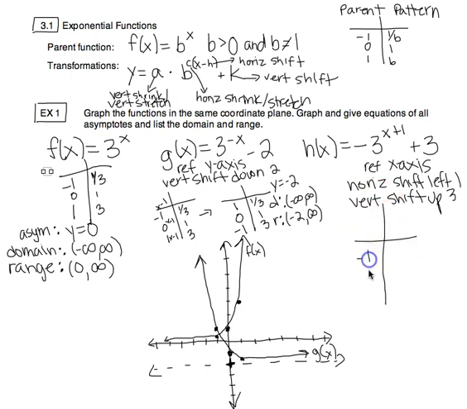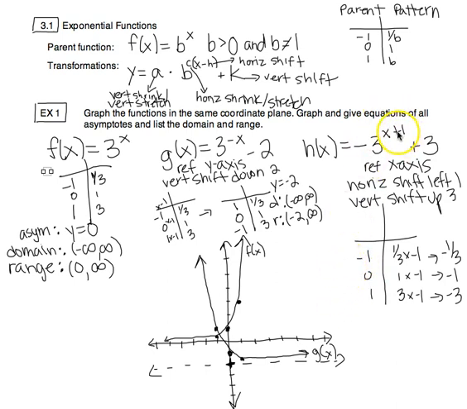So I've got -1, 0, 1, 1/3, 1, 3. I don't have a shrink or a stretch, but the reflection is in the same place as a vertical shrink or stretch. So that means I take the vertical coordinates and multiply them all by -1. So this is now going to become -1/3, -1, and -3 to go with these same horizontal movements.